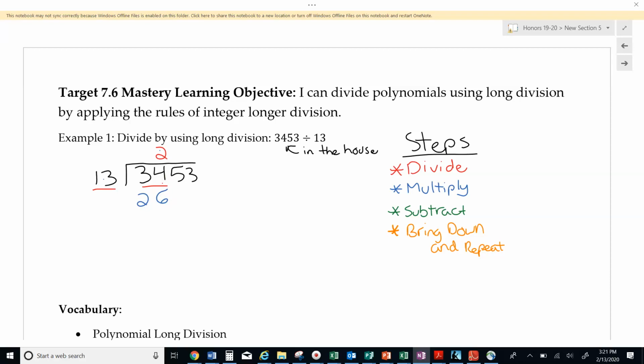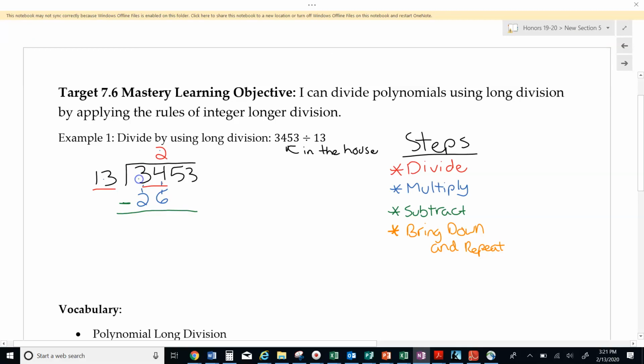This is what I was saying a lot last half of the unit, that lining and organization is very important. This 2 is right under this 3. This 6 is right under that 4. Everything is lined up. Let's use the right color. I'm going to subtract them.